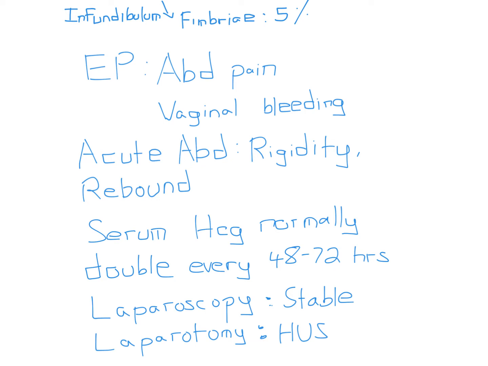It can be easily missed because you might be thinking appendicitis or gallstones, but you always have to get an HCG just to make sure that the patient's not pregnant. And the second reason is if the patient was pregnant, that also changes what medications you can give. And so it's always important if they come into the emergency room to get an HCG.